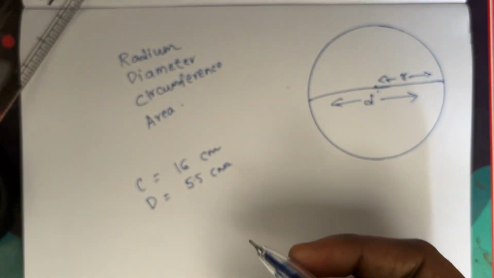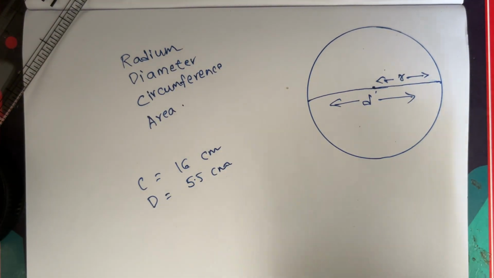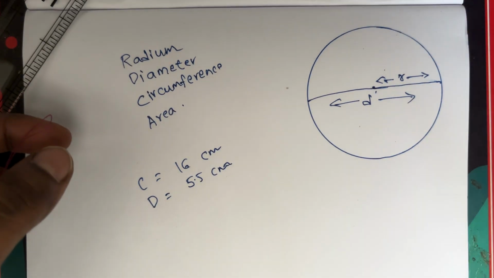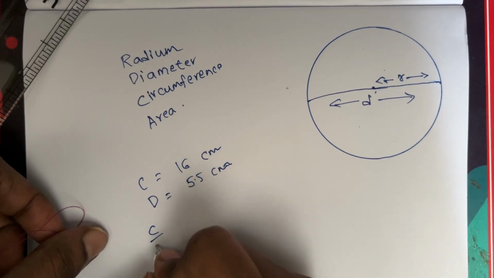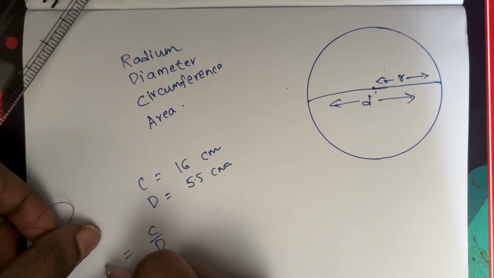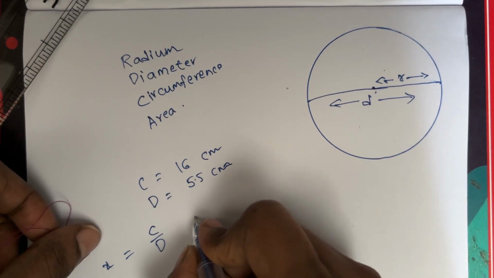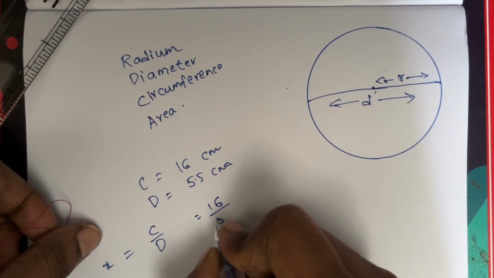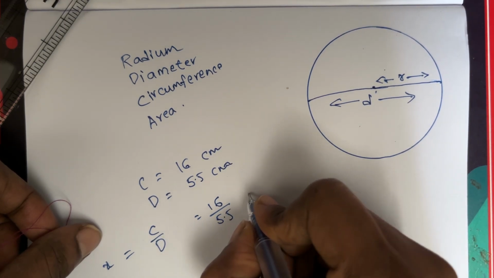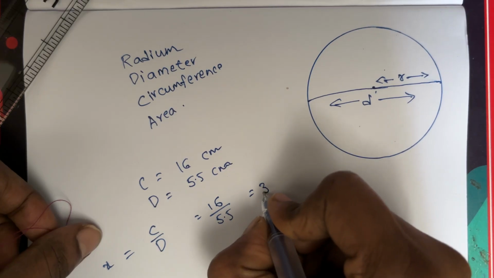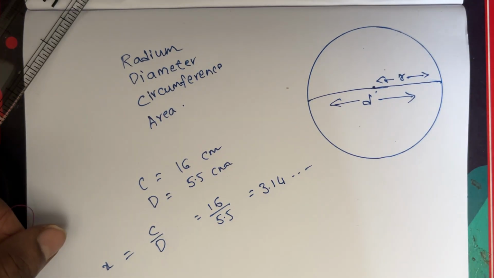So the formula we all know: circumference by diameter. Forget about what that value is, let's say some x. It would be around 16 divided by 5.5, and it will be almost approximate to 3.14 something.